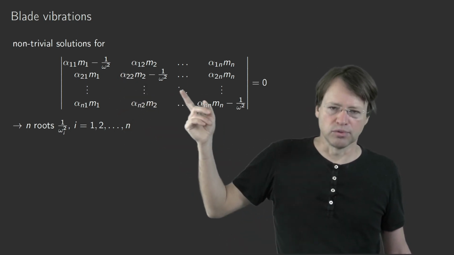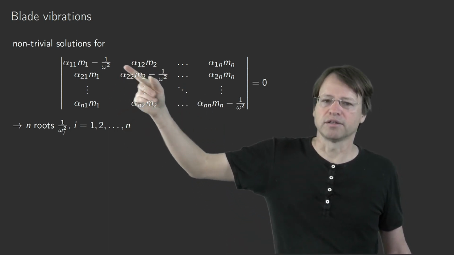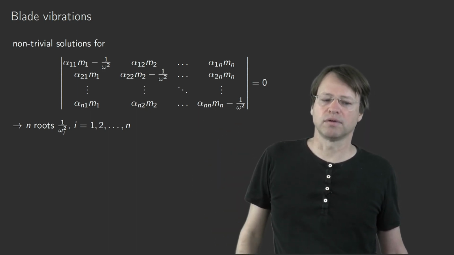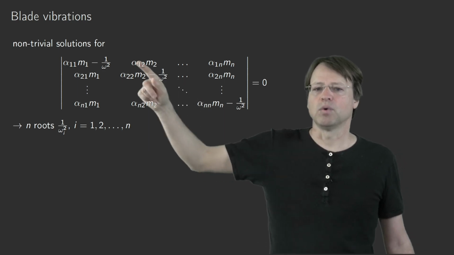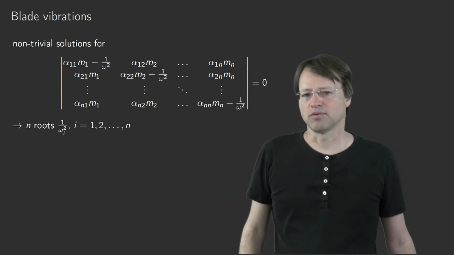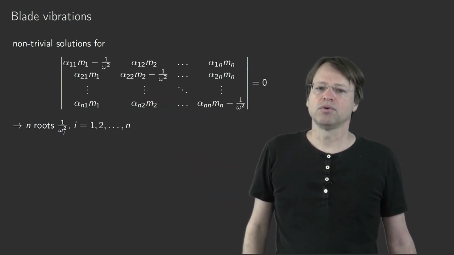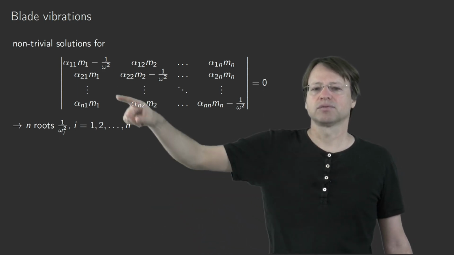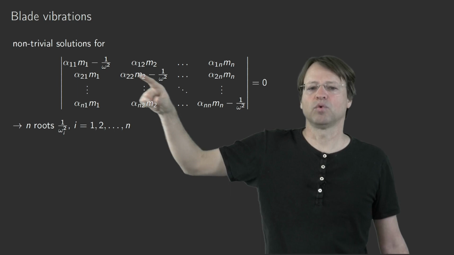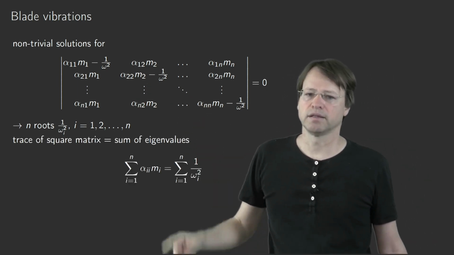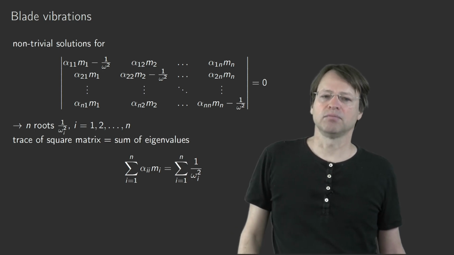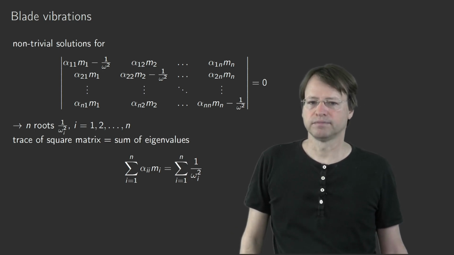But suppose there would be a lambda, you would take the sum of all these lambda values or different eigenvalues. So the sum of lambda 1 to lambda n, the sum of the eigenvalues, is the same as the trace of that matrix, which is alpha 1,1 m1 to alpha nn mn. So this is a result coming from linear algebra.